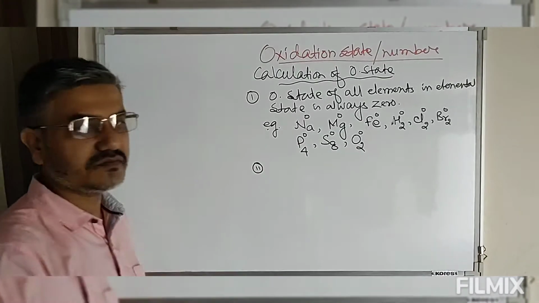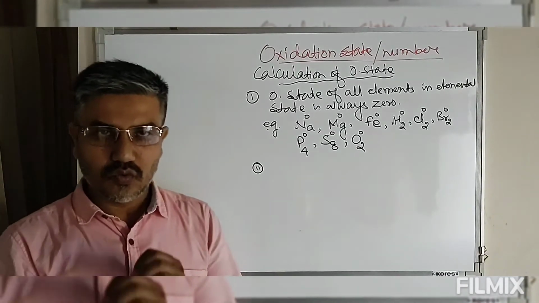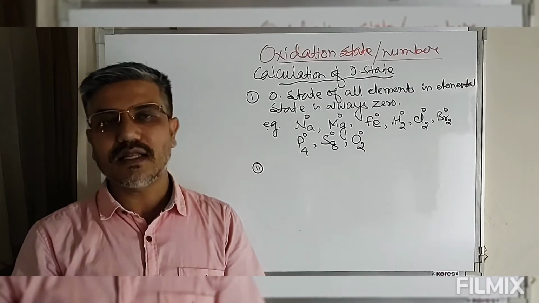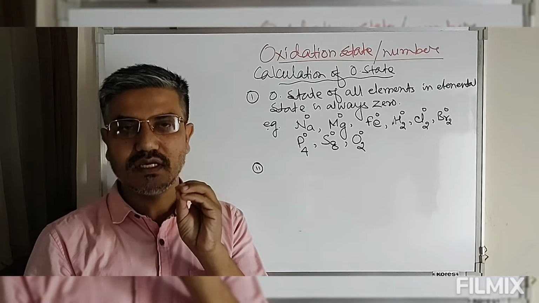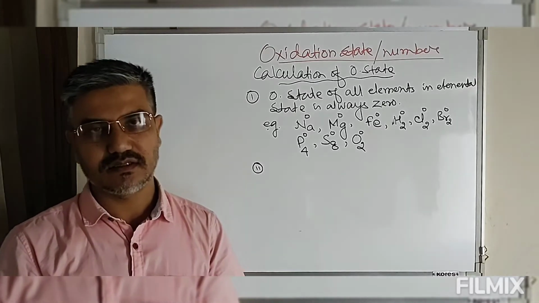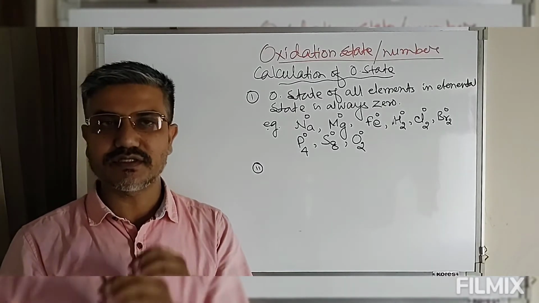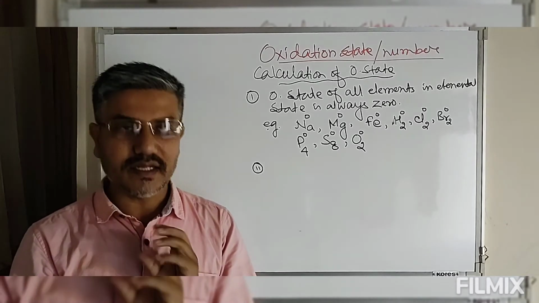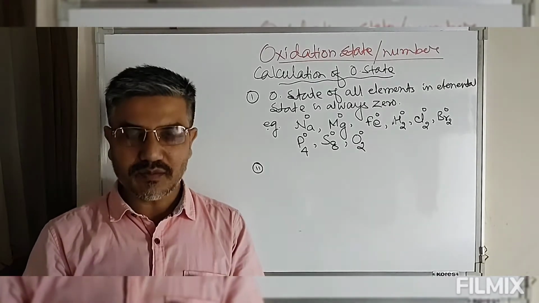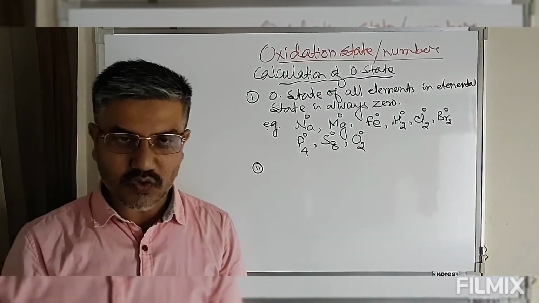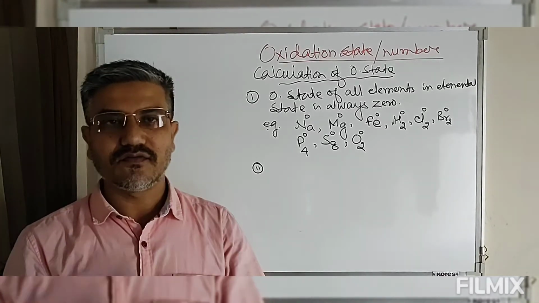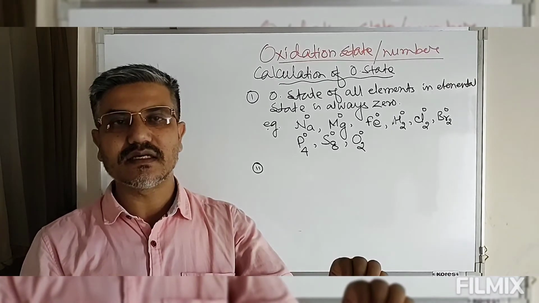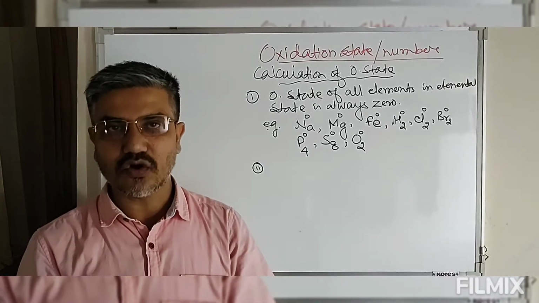Number 2. Now, all alkali metals in their combined state will have an oxidation state of +1. The reason being, alkali metals contain one electron in the valency shell, so by losing this one electron and forming a cation, they attain the noble gas configuration.